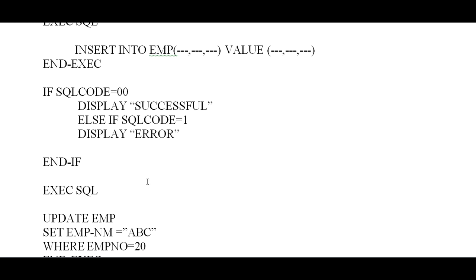The fields defined in the DB2 table will be different from the variables we define in our COBOL program, so this is handled using host variables. I will explain in more detail where we use the DCLGEN tool to create those host variables, or manually create the copybook and call it.